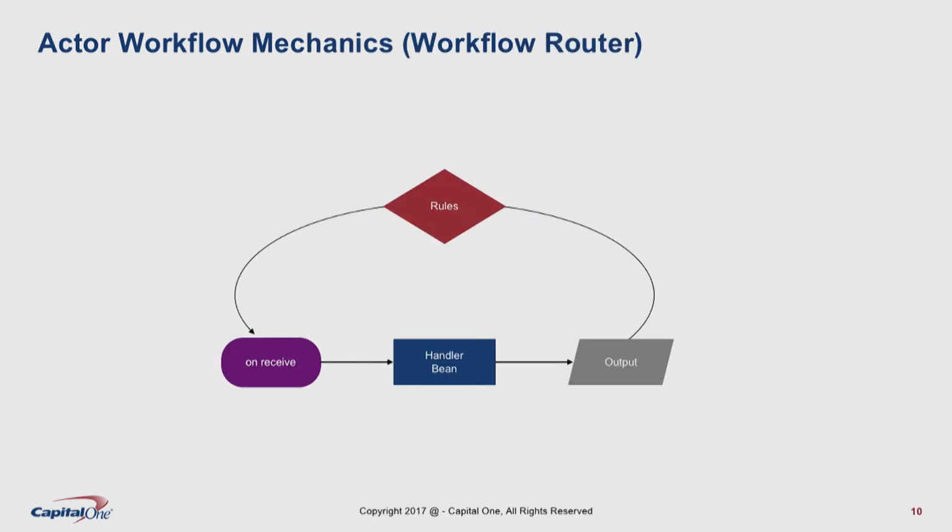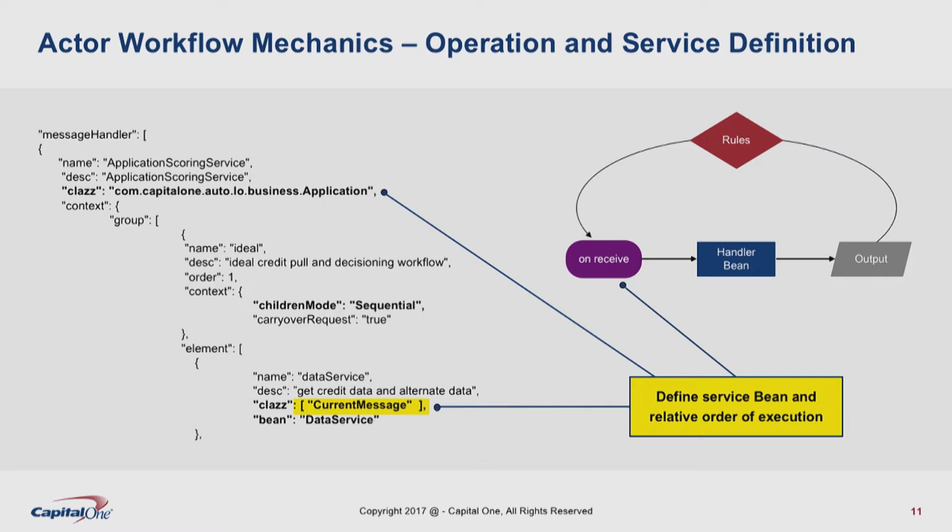So how do these things happen? It has 3 basic steps: what to do with a given message type, a reference to the bean that you want to execute, and finally, some little routing logic, some rules so we can do bypasses and jump over pieces of the whole workflow. So initially, we come in, drive an application into this workflow, and define keywords like current message that says what to do with what the previous output was.